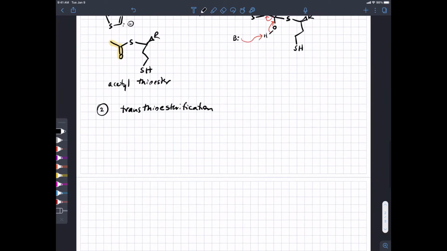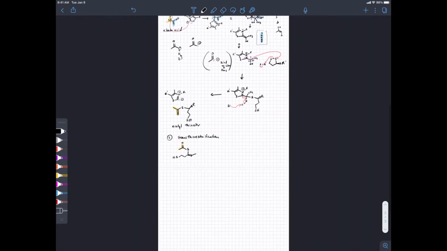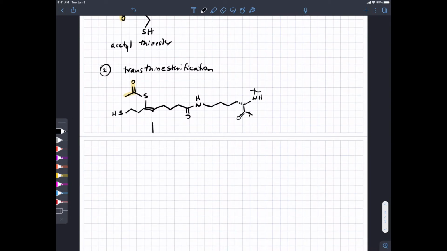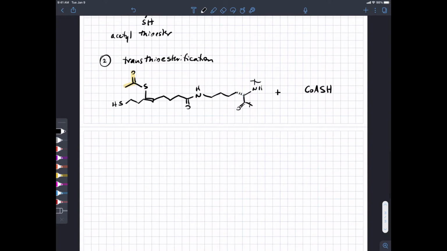And all that's going to happen here is that we're going to take our acetyl thioester that's attached to the enzyme via this lipoate group, and we're going to add coenzyme A, the thiol, which I still haven't drawn for you, and maybe won't.